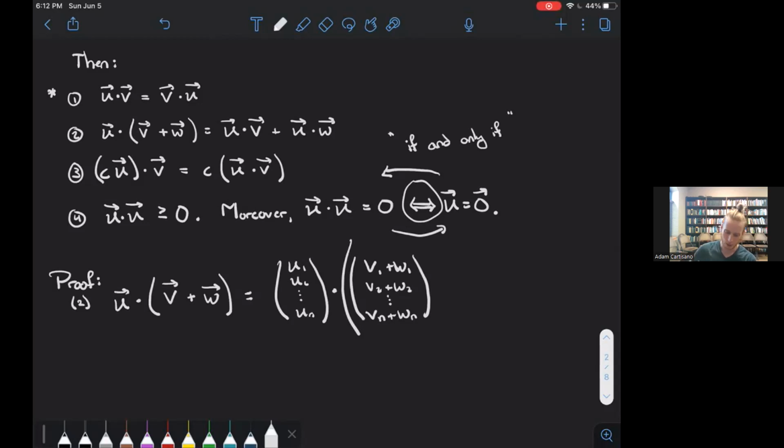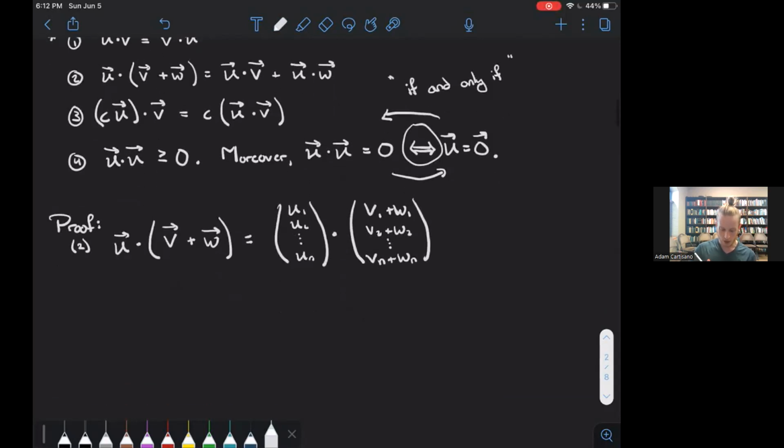But in order to save time, space, and to push you to think a little bit more abstractly about these ideas, I'm sweeping that first step under the carpet, and I'm just writing what is actually the sum of v plus w. Well, it's a vector in Rn, and its components are v1 plus w1, v2 plus w2, and so on, right?